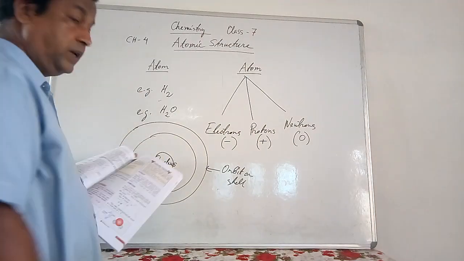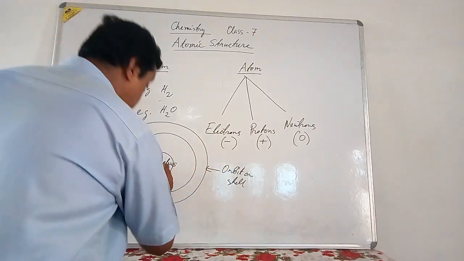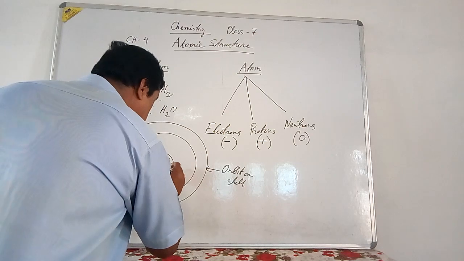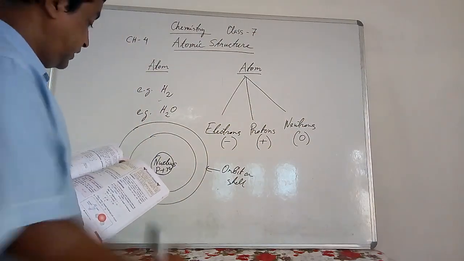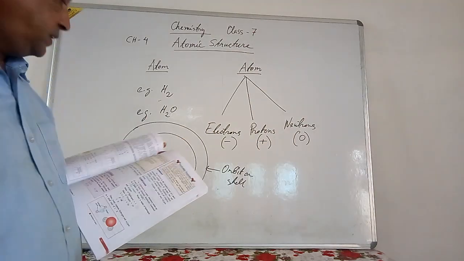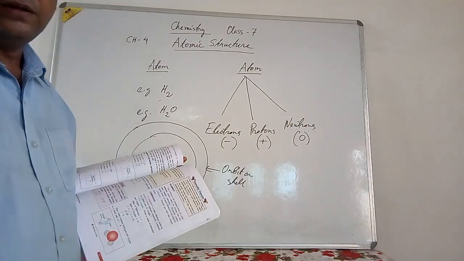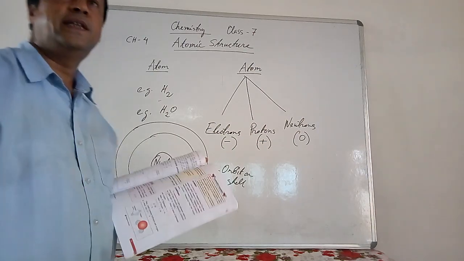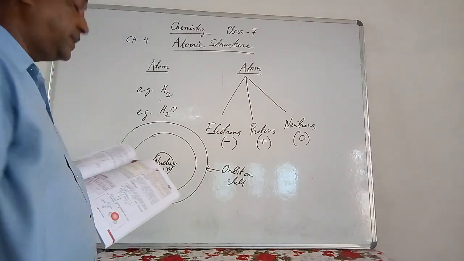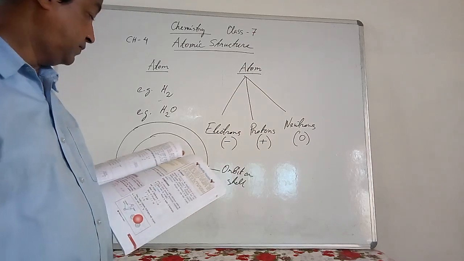In a nucleus, there are only positively charged protons and neutrons with no charge. So you can say that the nucleus is positively charged.